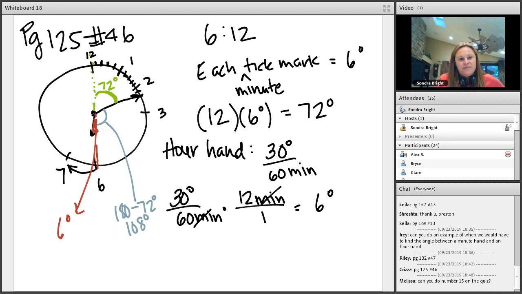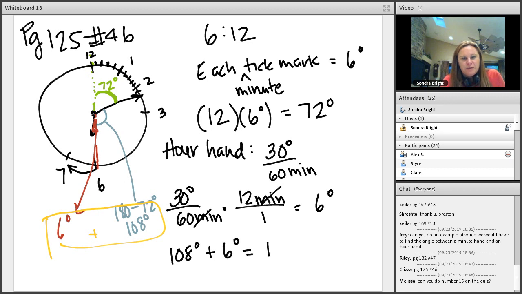And putting these two together, adding up these two, will give you your final answer of the angle between the two hands. And that is 108 degrees plus the 6 degrees, which will give you 114 degrees.